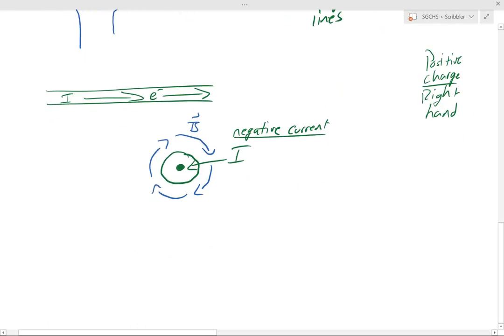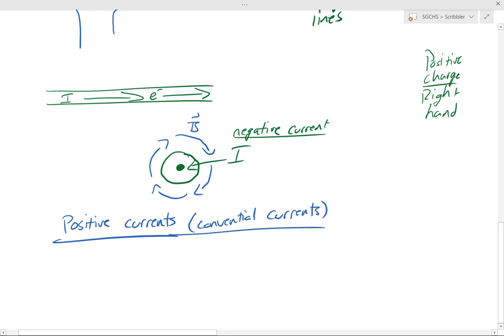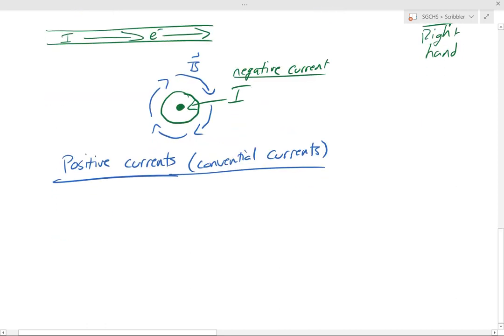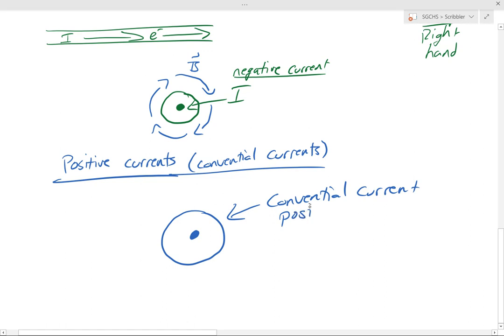Let's say you have a positive charge. Positive currents are known as conventional currents. Let's say we have a conventional current doing the same thing. This time this is a bunch of conventional currents. What does that mean? Conventional current means it's a positive current.